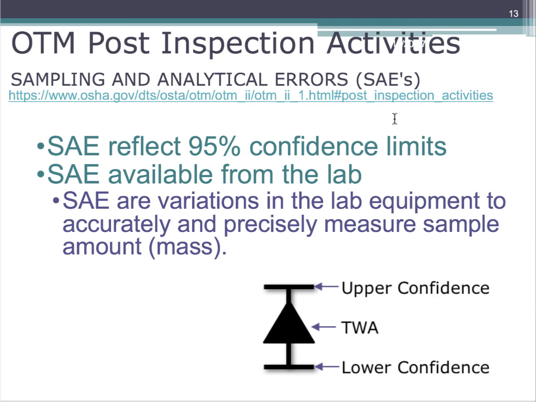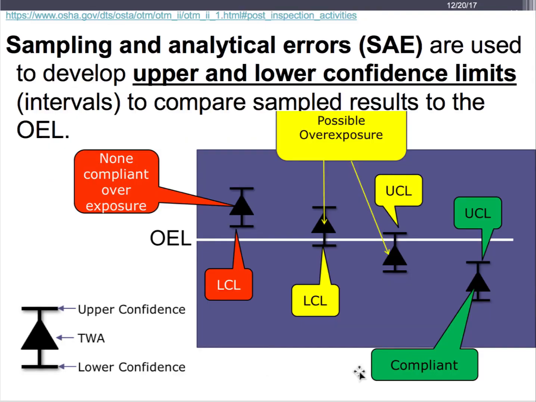And so I have this symbol here just so you can recognize that the triangle represents our time-weighted average or our concentration if it's only one sample. And then our upper bar is our upper confidence limit, and our lower bar is our lower confidence limit.